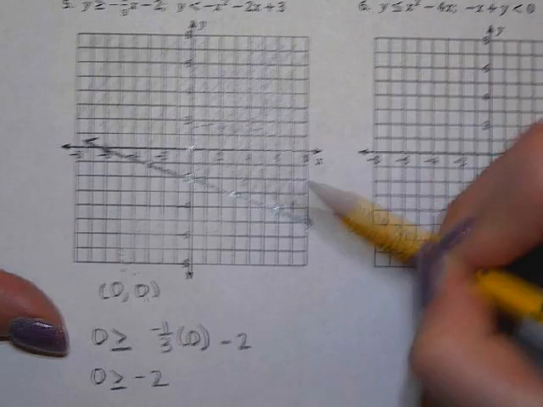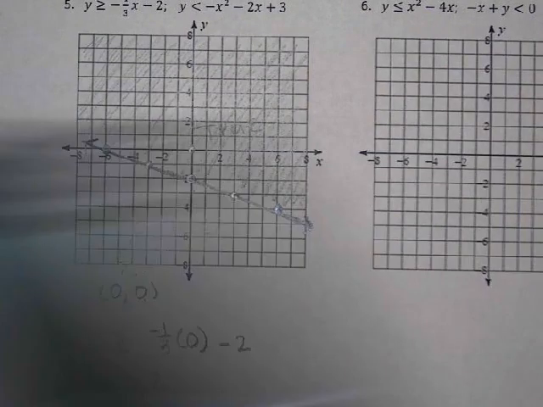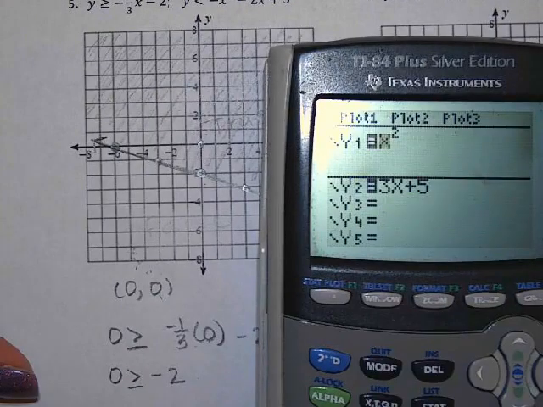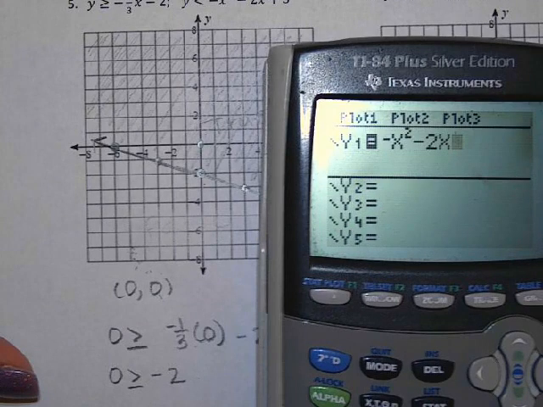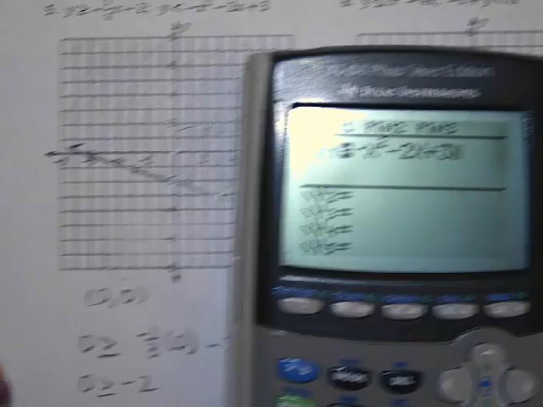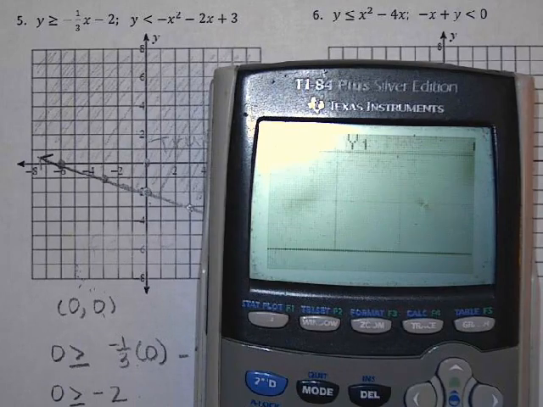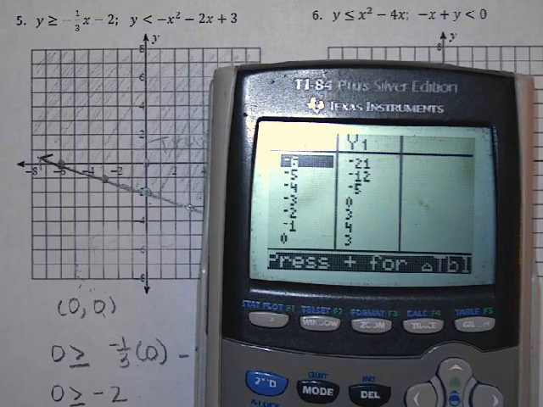And then we've got that parabola. So I've got negative x squared minus 2x plus 3. And I'm going to go ahead and look at that page, so I hit second graph.